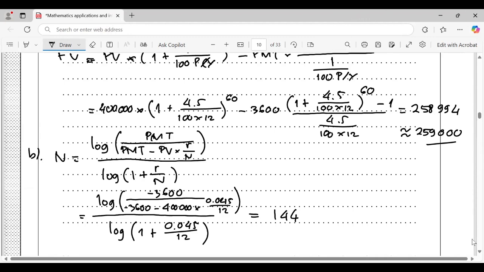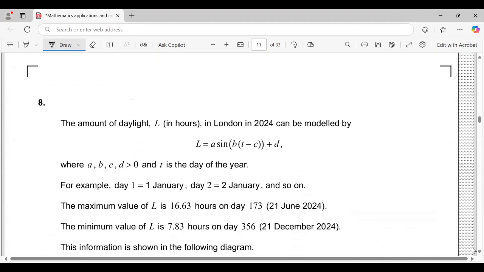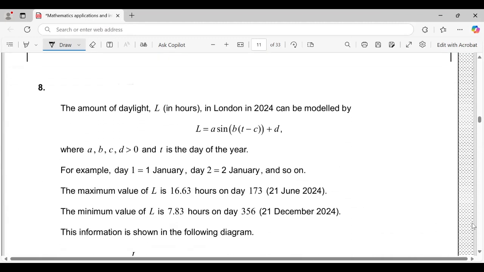And the next question, number 8. The amount of daylight L in hours in London in 2024 can be modeled by this equation, where A, B, C, D are greater than 0 and T is the day of the year. For example, day 1 is 1 January, day 2 is 2nd January, and so on.